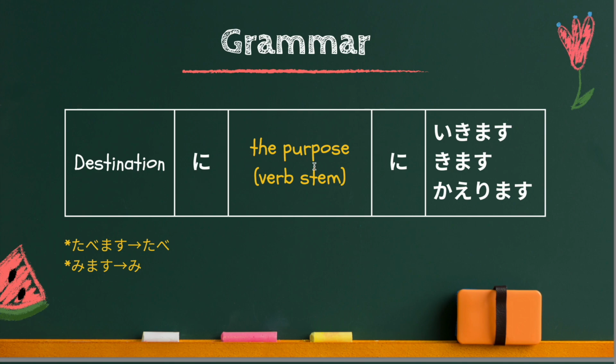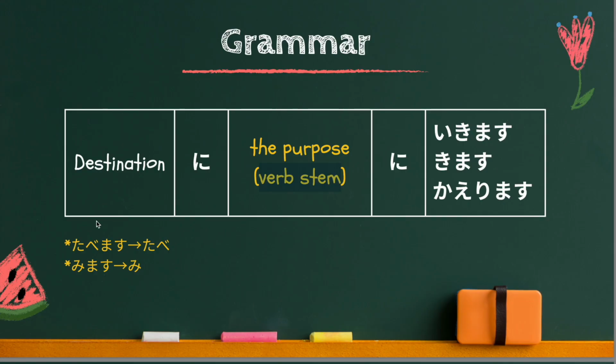So, if the sentence is I'm going to the restaurant to eat sushi, to eat sushi, that's the purpose. Why you are going to that restaurant. So, to eat sushi comes in this place. Verb stem means this.